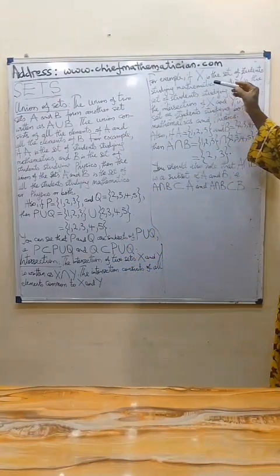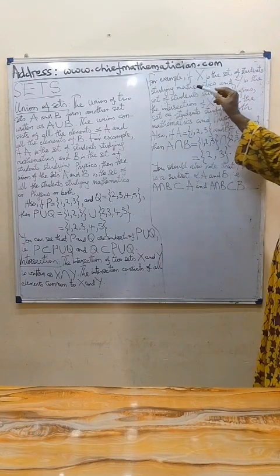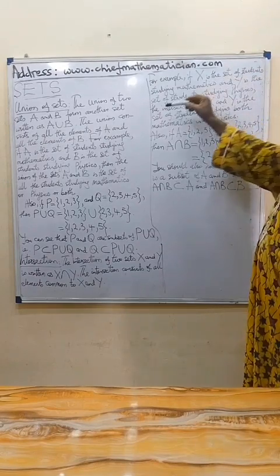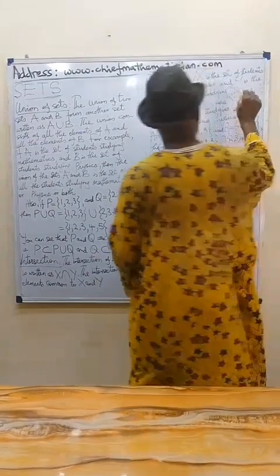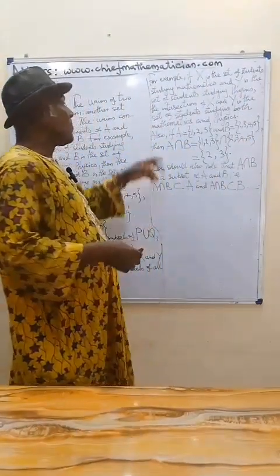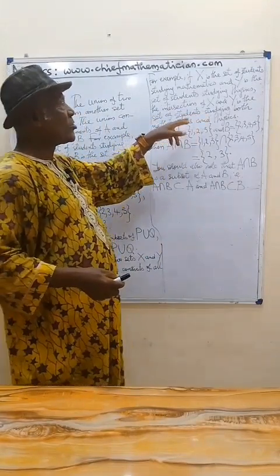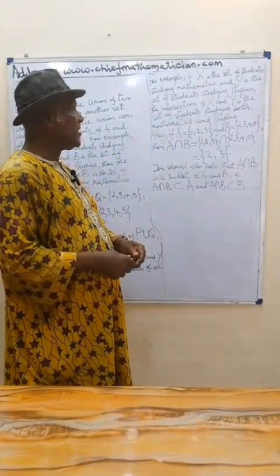For example, if X is the set of students studying mathematics and Y is the set of students studying physics, the intersection of X and Y is the set of students studying both mathematics and physics.